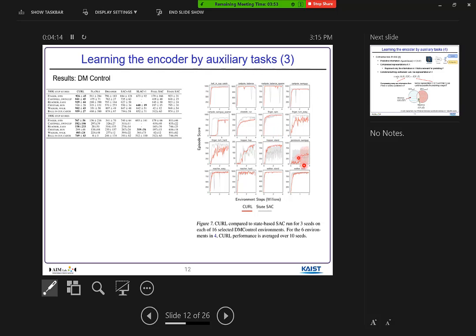You can see in the right figure here is the learning curve of them. They compare learning from state and learning from image. The two of them lie close together. So it means that when we learn from the image, we can also reach performance similar to the handcrafted state.